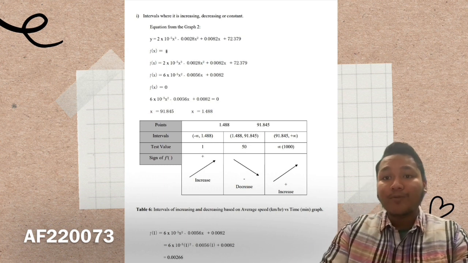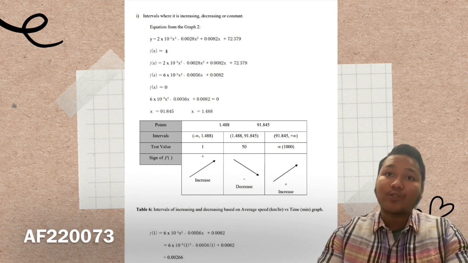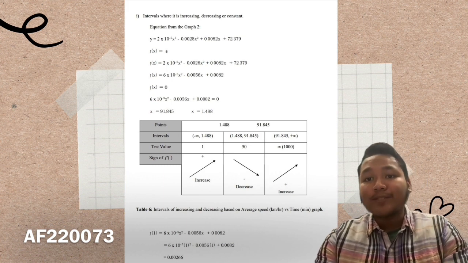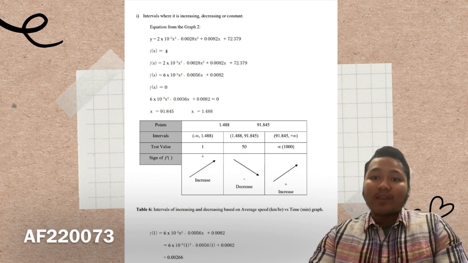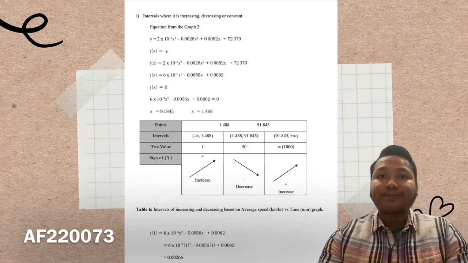Our equation from the graph is y equals 2 times 10 to the power of negative 5 x cubed minus 0.0028 x squared plus 0.082 x plus 72.379, and f(x) equals y.